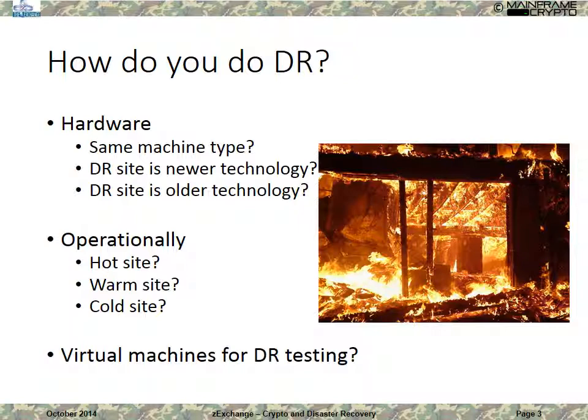And if you're taking advantage of the new capabilities, the new functionality that's available on the new architecture, when you go to the DR site, those new functions may not be there. So you've got to worry about that and make sure that whatever functionality you need at the DR site is there.